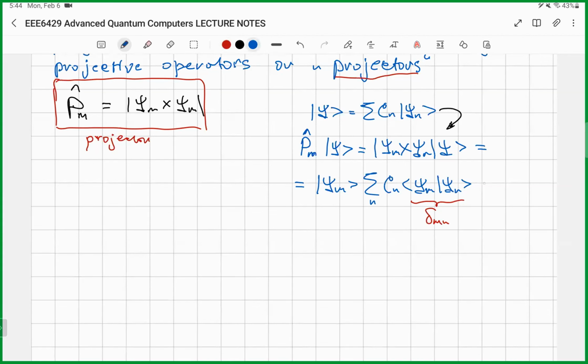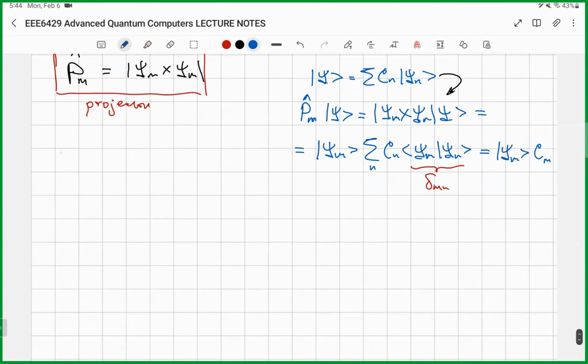So it becomes psi m, and what I get left is c m. That's it. So the result of the action of this operator, this projector, on a general state is a constant times the particular state psi m.